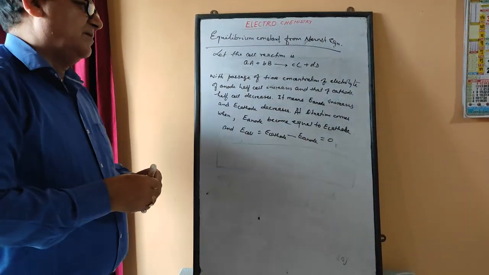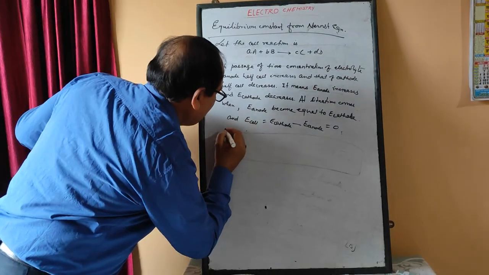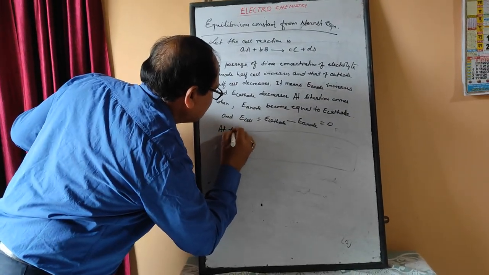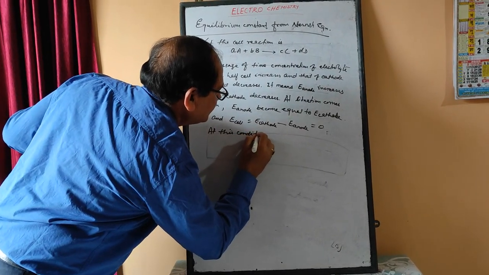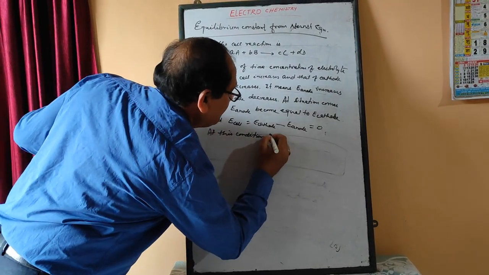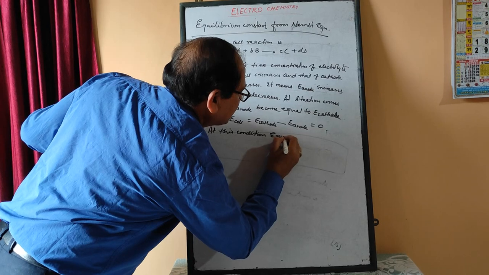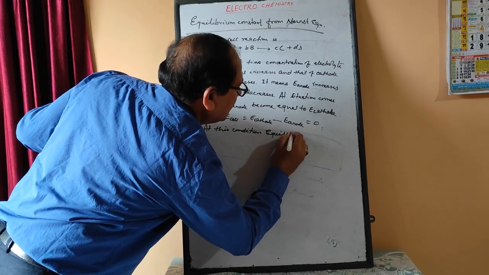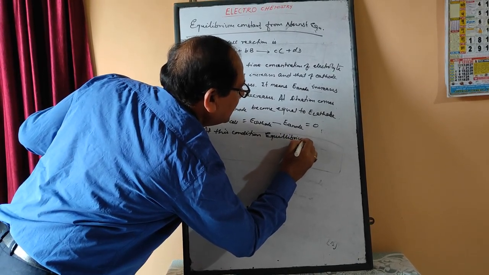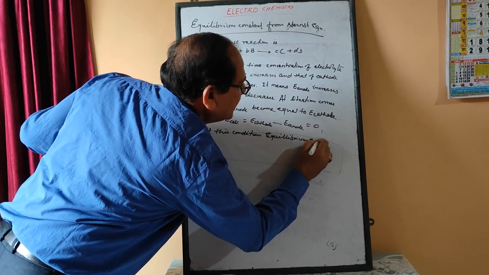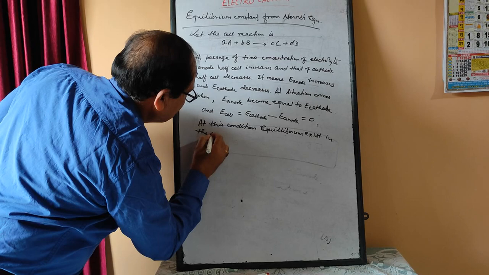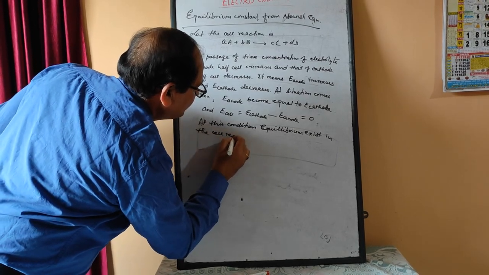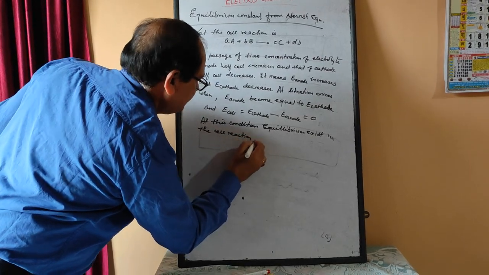Now E cell becomes 0. At this condition, equilibrium exists in the cell reaction.